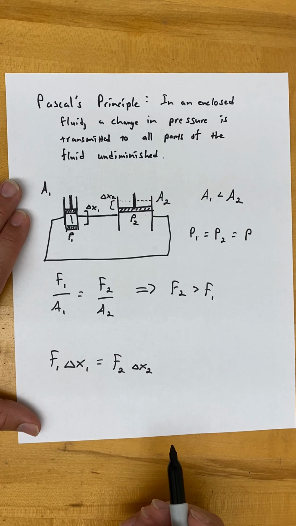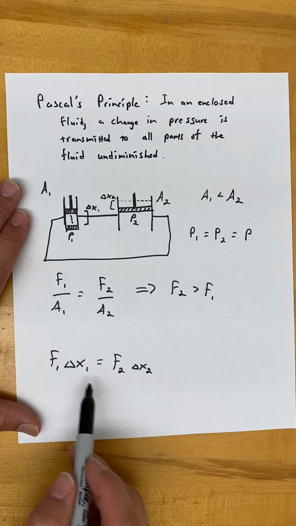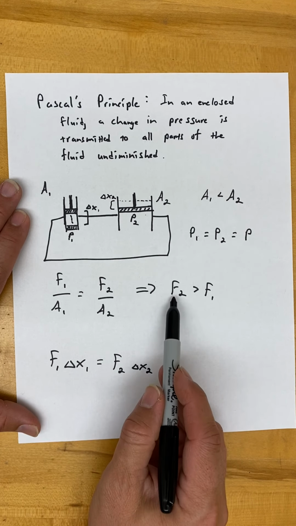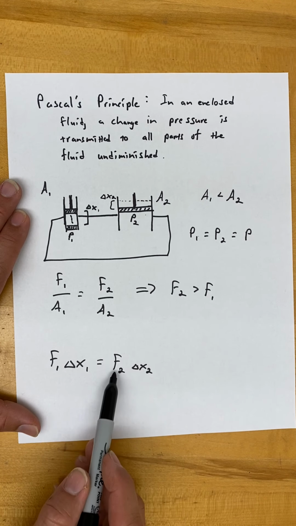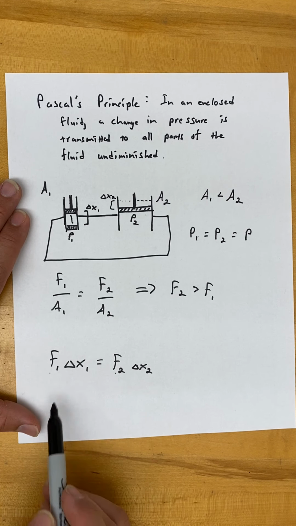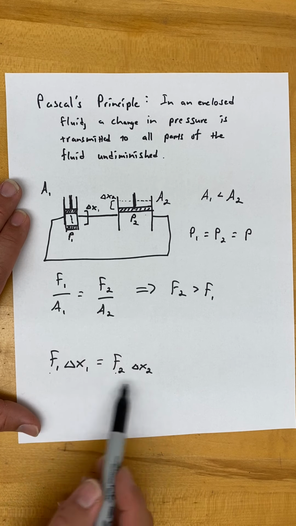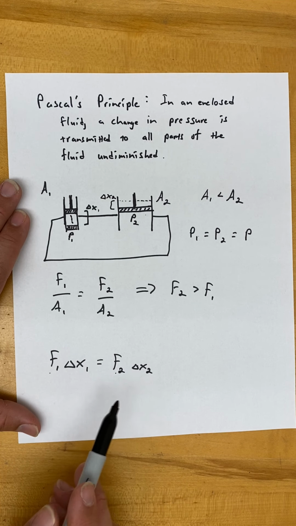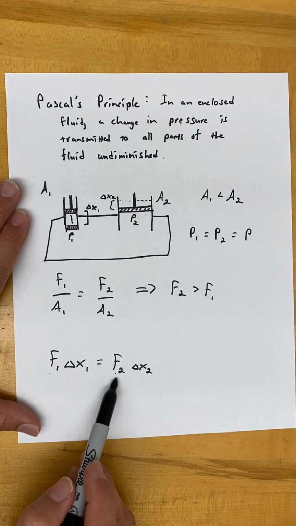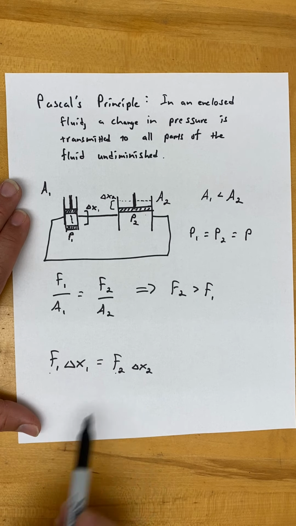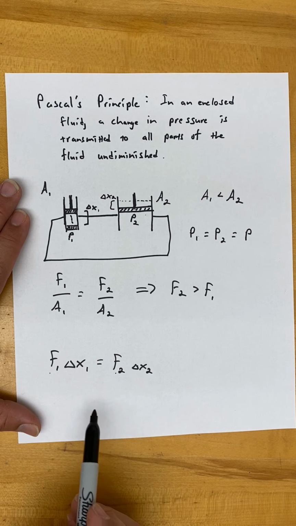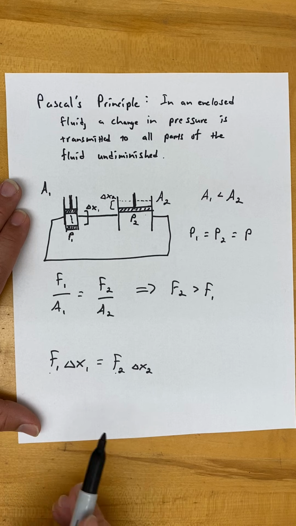So you see what's happening. I've already said that F2 is greater than F1, which means this term is bigger than this term. But now I don't have a ratio, I have a multiplicative constant. So if F2 is bigger than F1, that means delta X2 has got to be smaller than delta X1.